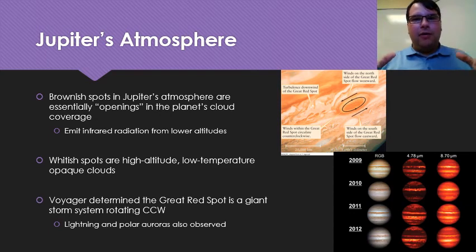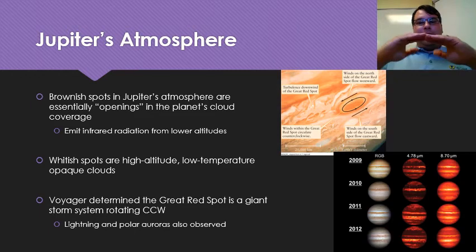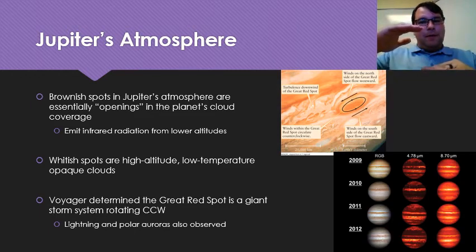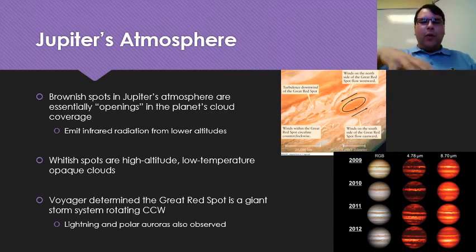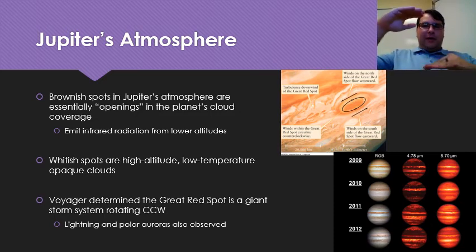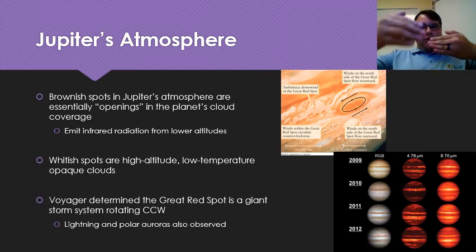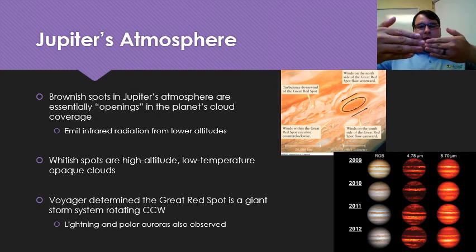It's just staying together. But what we're actually seeing is a difference, instead of two-dimensional, a difference in altitude. So think of Jupiter in 3D for a moment. The whitish cloud structures that you're seeing are much higher altitude than the lower levels, the brownish regions. And so we're seeing a difference in altitude, but from such a great distance, it appears as if it's a two-dimensional shape.